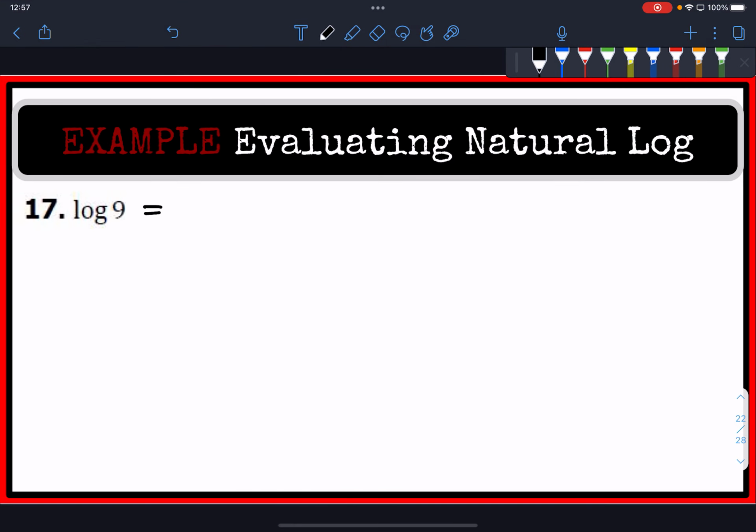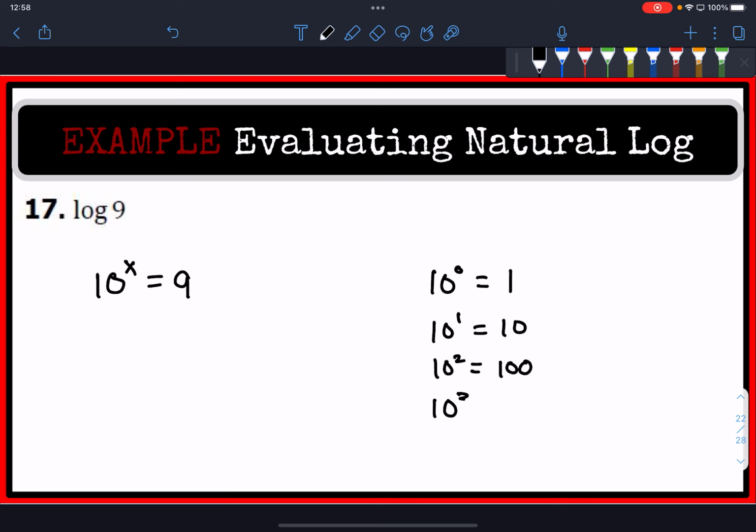So to evaluate a logarithm, we have to use a calculator in some situations. Like right here, I cannot evaluate this using my exponents, because 10 to the 0 power is equal to 1, but 10 to the first power is 10, 10 to the second is equal to 100, and so on. 10 to the third would equal 1,000.